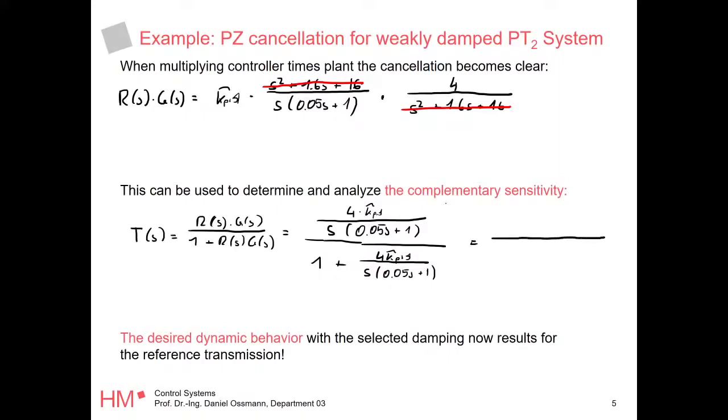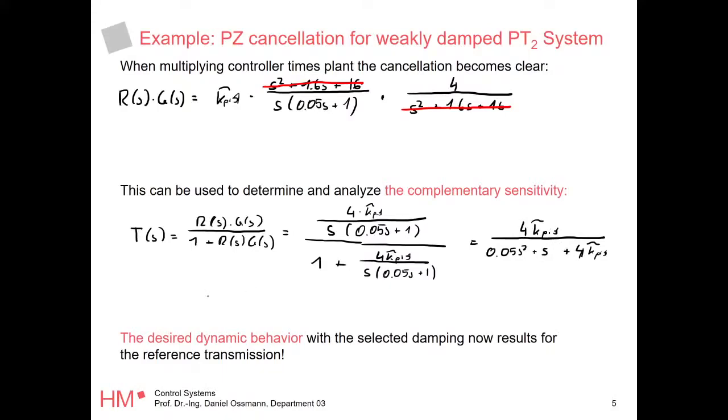We end up with 4K PID over 0.05 S squared plus S plus 4K PID. So you should see immediately that we are steady state accurate. If you let S go to 0, it's going to be 1, because you have 4K PID over 4K PID.